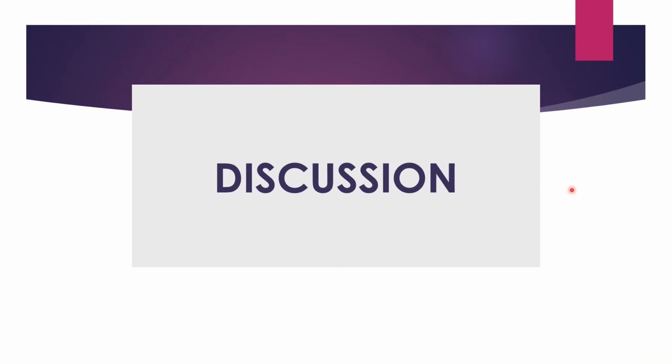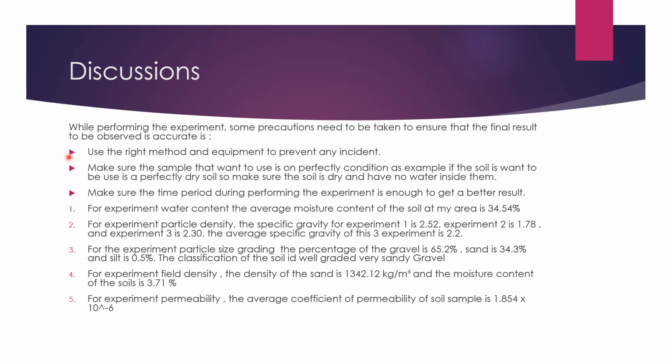And this is the discussion for the mini project. While performing the experiment, some precautions need to be taken to ensure that the final result observed is accurate. The first one is we need to use the right method and equipment to prevent any incident. This is because when I did this experiment, I used apparatus based on home tools, so mostly the apparatus is not suitable for the experiment.